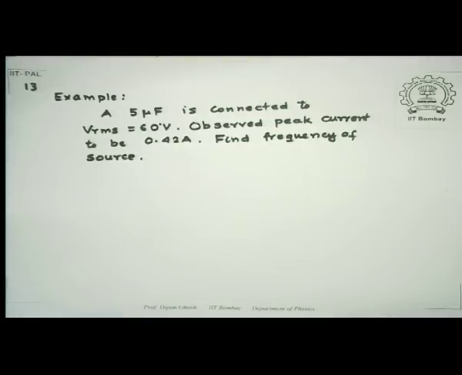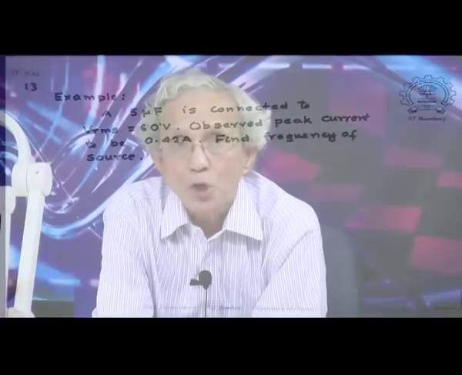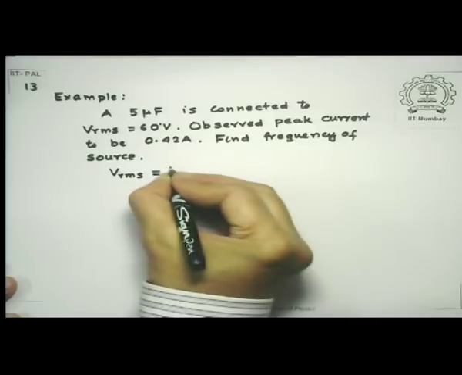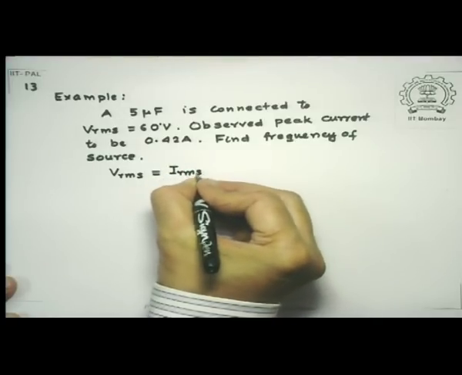So you remember that the relationship between V and I is applicable whether we are talking about RMS or the instantaneous values. So Vrms is Irms multiplied by XC.